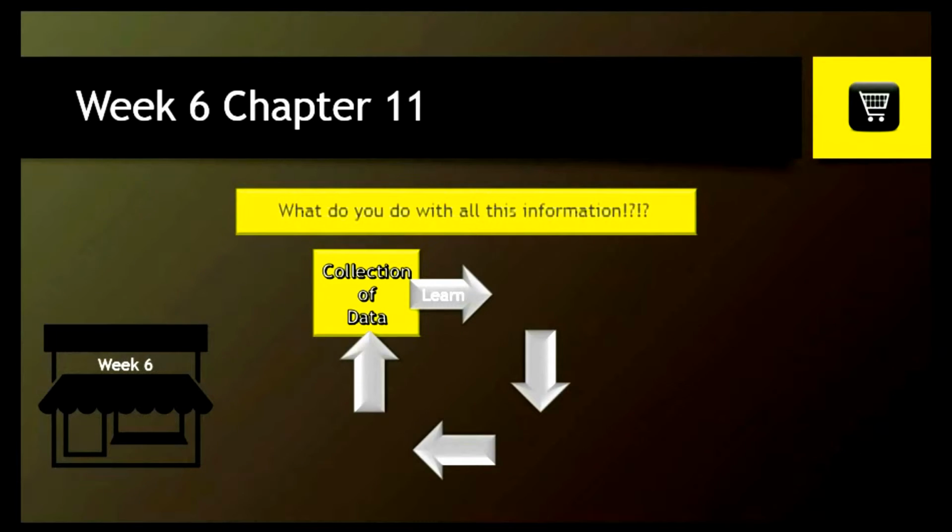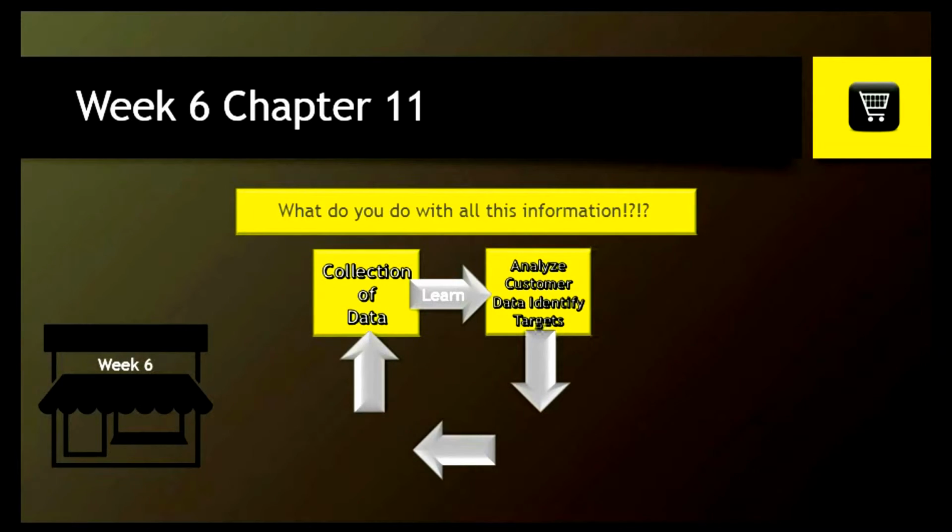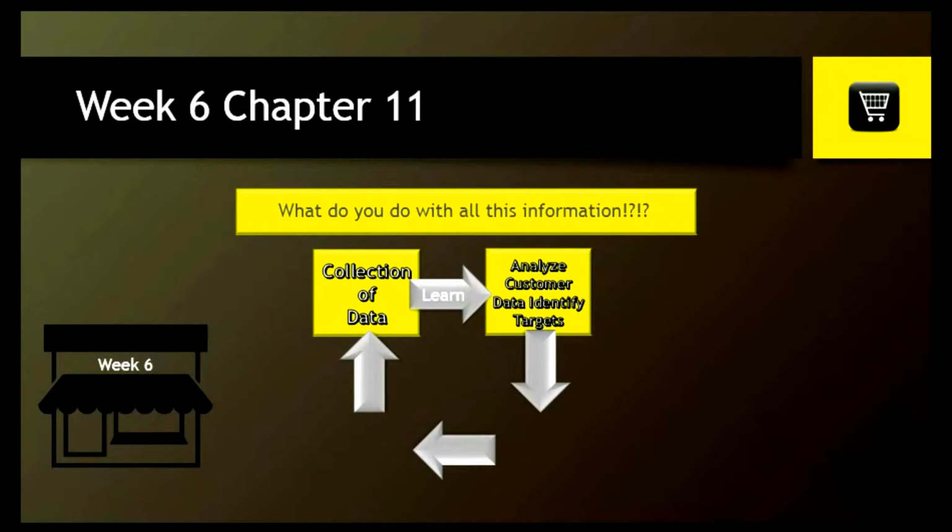So what do we do with all this information? Now we have all this information, we've gathered it, we've put it in a database, then what do we do? So it's actually a cycle. It's a process, but then it repeats itself. So the first thing is the collection of data, where we learn information about the customer, who the customer is. And then we can go through an analytical process where we analyze the customer and identify those targets within that customer, whether it be behavior or the demographics or the location of the customer.